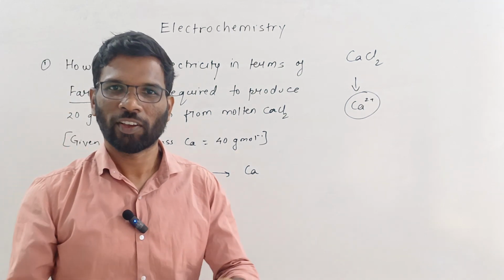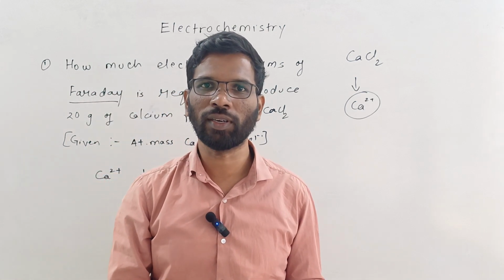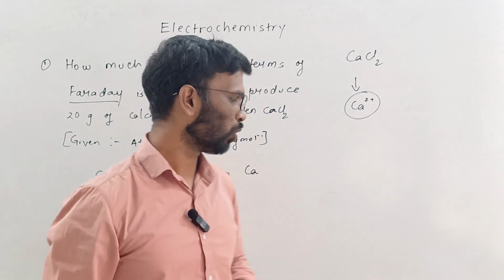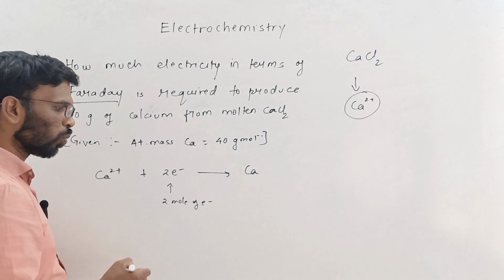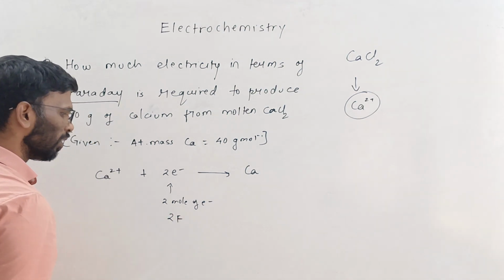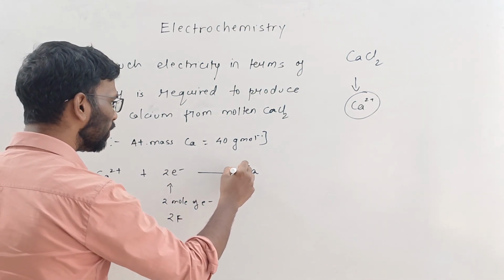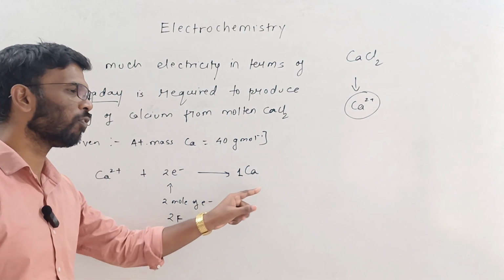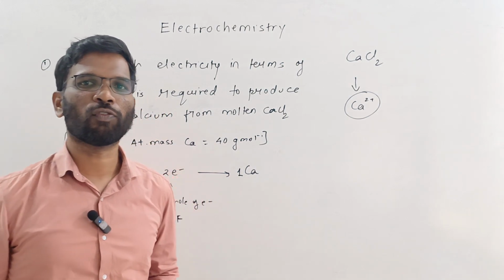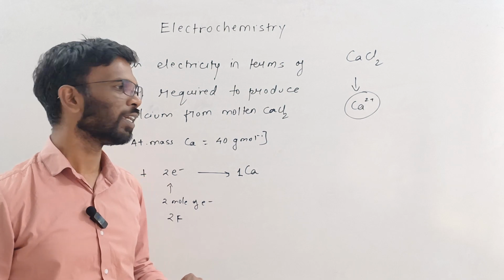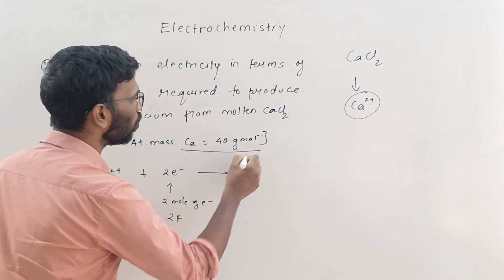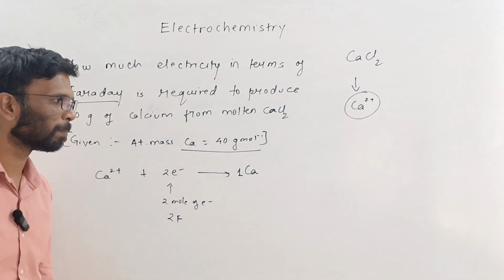So what do we say? The charge on 1 mole of electrons is 1 farad. So here 2 moles of electrons means what? It is equal to 2 farad. For conversion, this is giving you 1 mole of calcium. Right? So what is the meaning of 1 mole of calcium? How much is the weight? So here molar mass is given to be 40 grams per mole. Right?